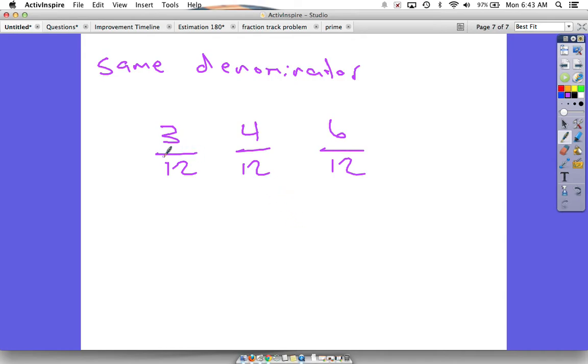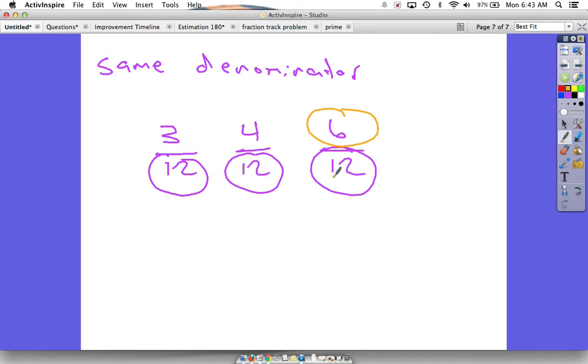We'll talk about something called common denominators later on, which makes fractions easier to put in order, but we've got something cut into 12 pieces. Could be brownies, or pizzas cut into 12 pieces, but if they're all 12ths, then we just pick the biggest number, and that would be the biggest fraction. So 6 out of 12 is bigger than 4 out of 12, which is bigger than 3 out of 12.